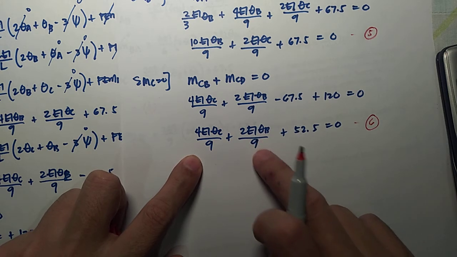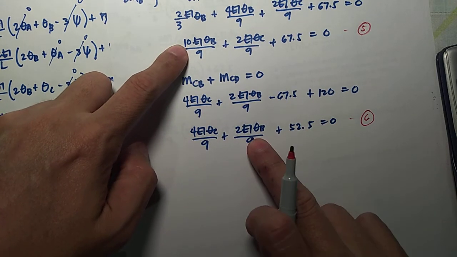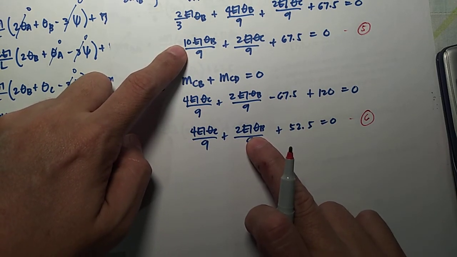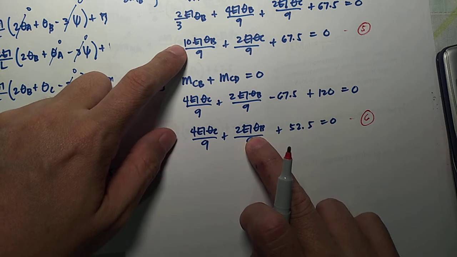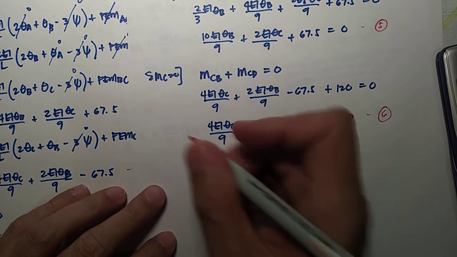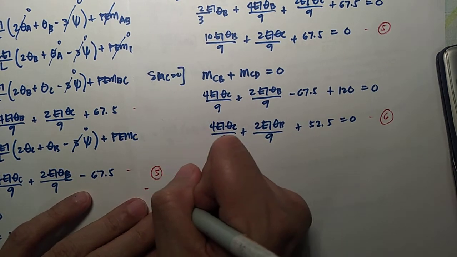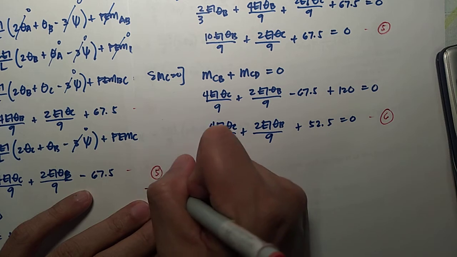How? So pwede kong i-times 5 yung equation 6 lahat para maging 10 over 9 din siya. Pwede, no? Times 5. So equation 5, kasi minus ko siya sa equation 6 times 5.